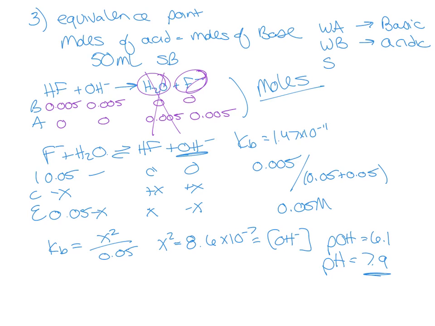And if you have a strong acid and strong base, your equivalence point is going to be neutral. You should know that, and you should be able to write the equation for what is happening at the equivalence point. Okay? And then really the following calculations are just a simple Kb from chapter 16.